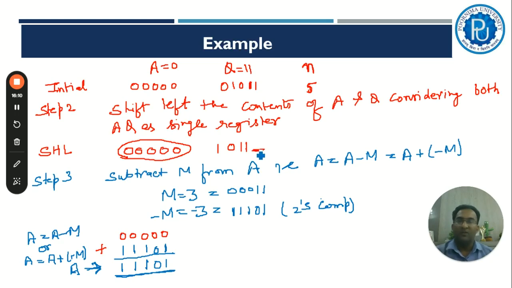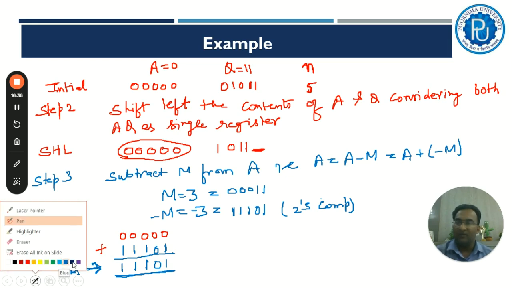Okay, this value will be depending on the step number 3. What is step number 3? In step number 3, we are going to subtract M from the accumulator, that is A equals to A minus M we are performing, or you can say that we are adding to the A the 2's complement of the M value there.